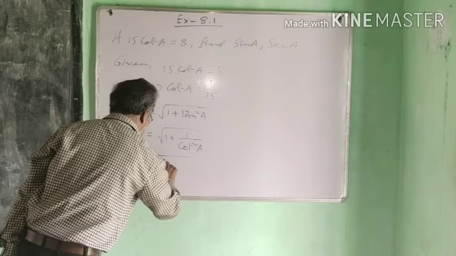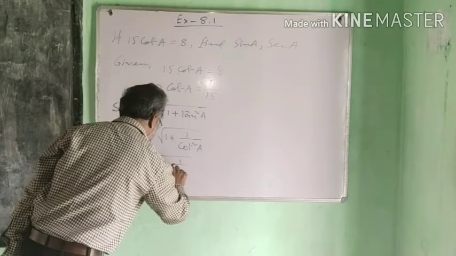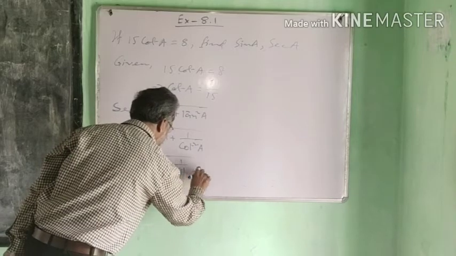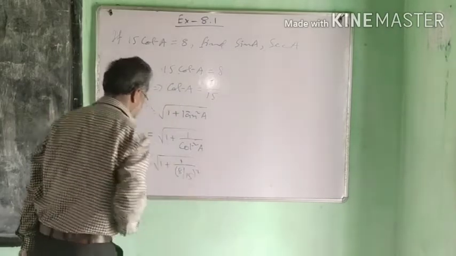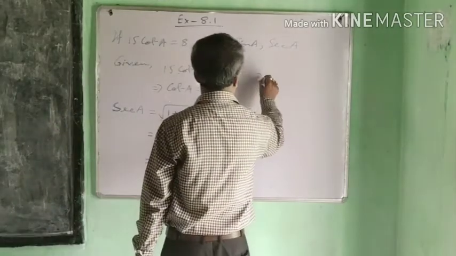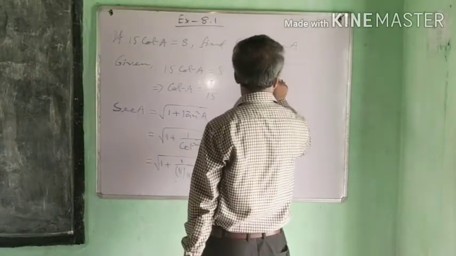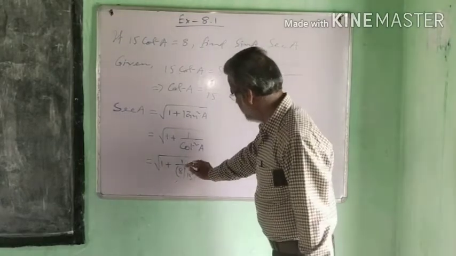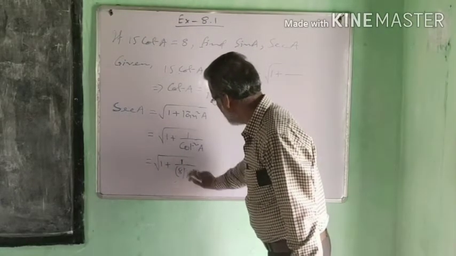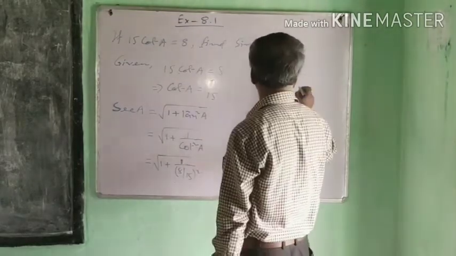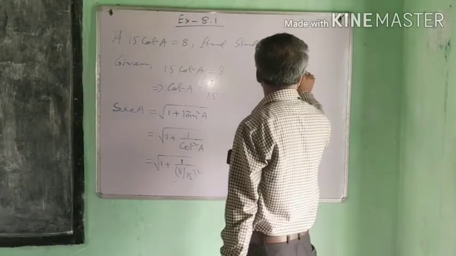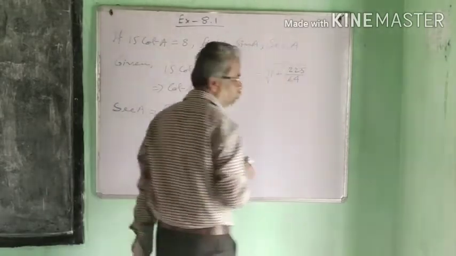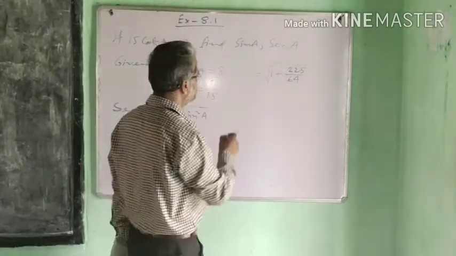Root over 1 plus 1 by 8 by 15 whole square is equal to root over 1 plus, if we take the reciprocal, 15 square will be 225 and 8 square is 64, so 225 by 64.